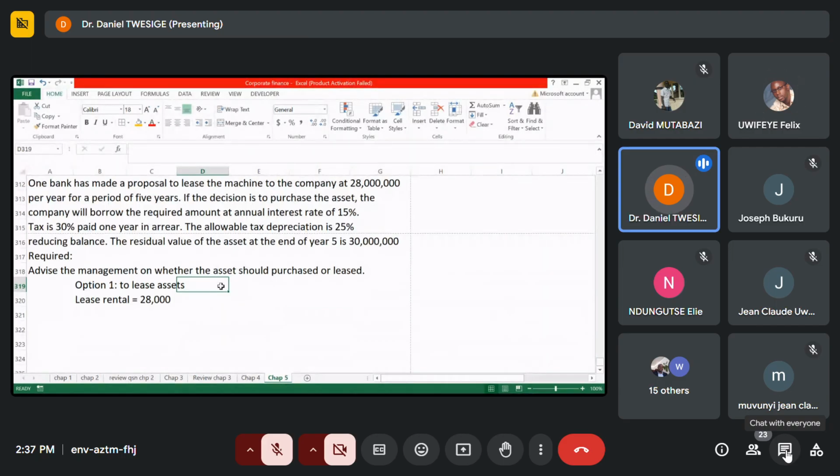Tax has been given as 30%. And we are assuming that the lease is paid at the end. That's when we are going to pay, not at the start, starting from year 1.